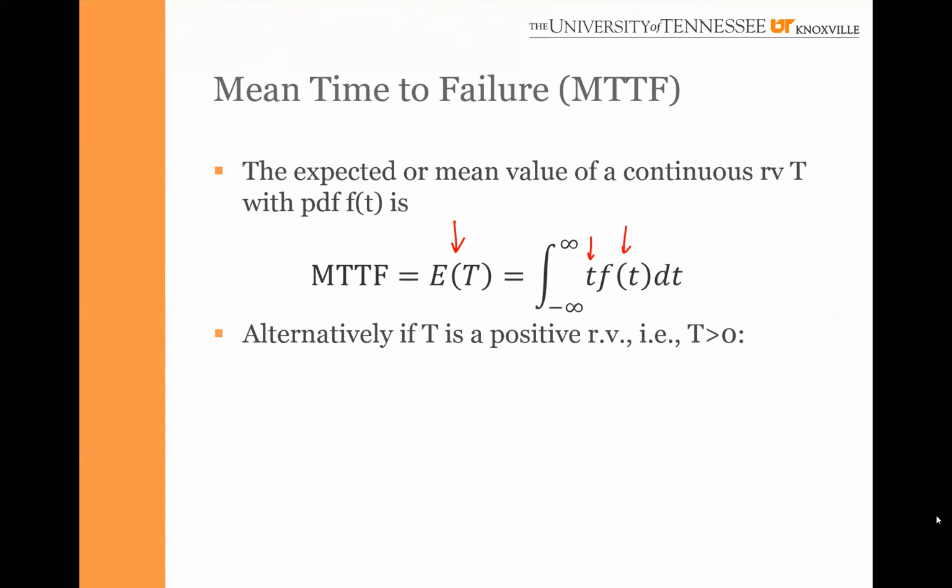In lifetime analysis, more often than not, t is a positive random variable, going from 0 to infinity. So in those cases, we can use an alternative equation for finding expectation. E of t will be equal to the integral from 0 to infinity of R(t) dt. This is the alternate function that you can use to calculate your expected value.